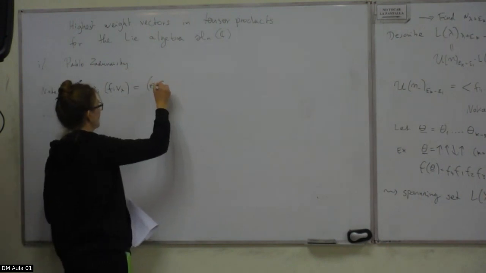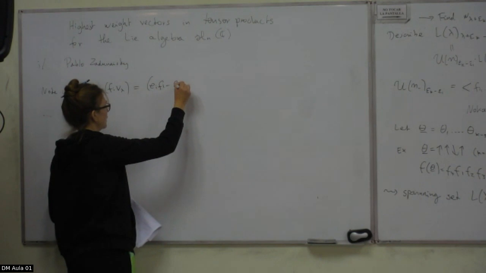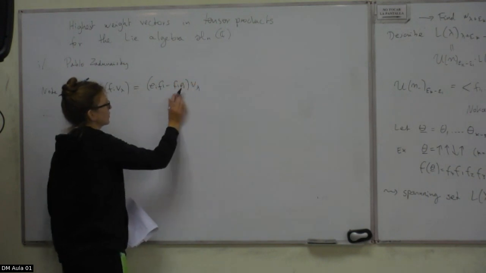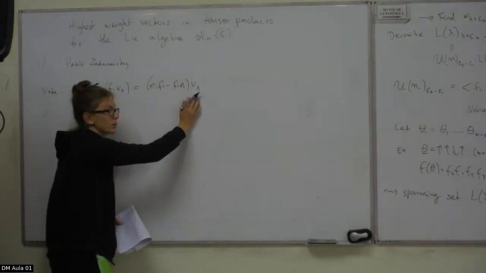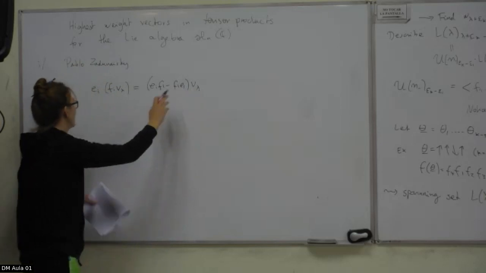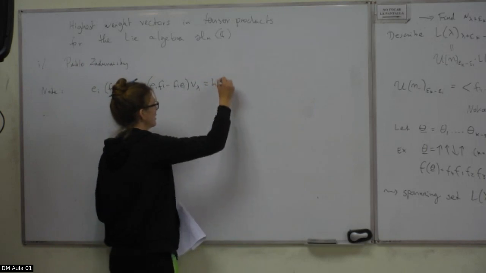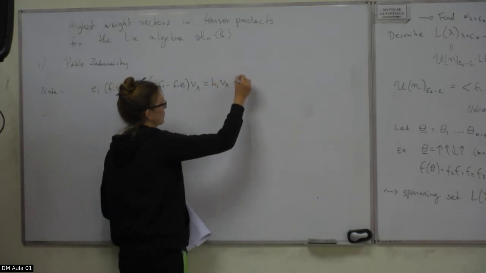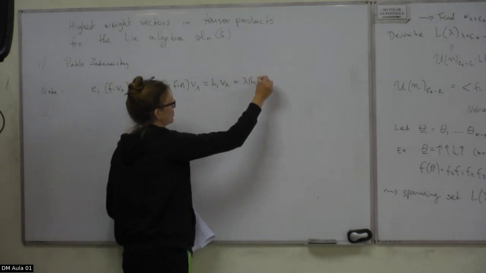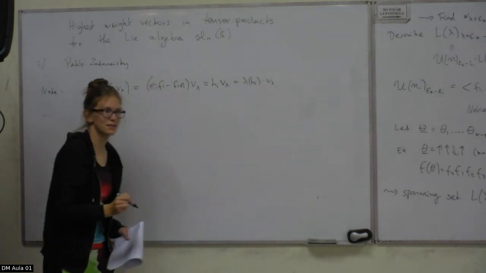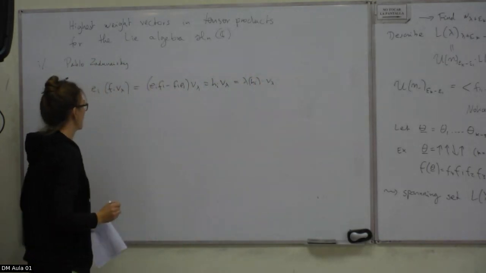So we can write ei fi minus fi ei v lambda, because this ei will hit the v lambda first. That will be 0, so we have a free summand. That would actually be hi v lambda, which is just a multiple of v lambda. That is something we will very commonly use.